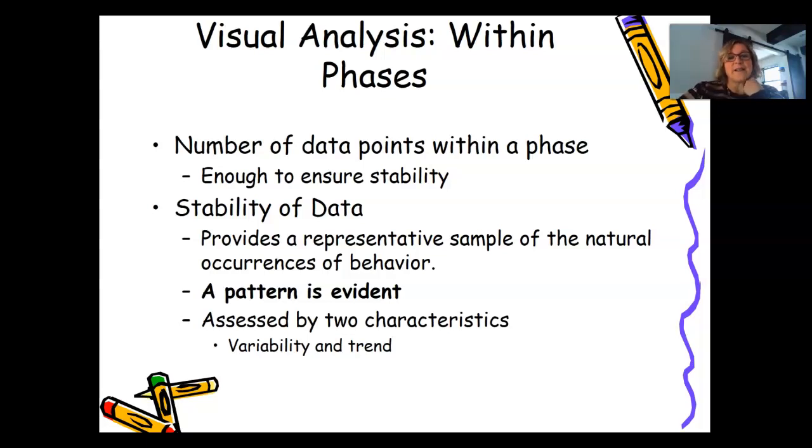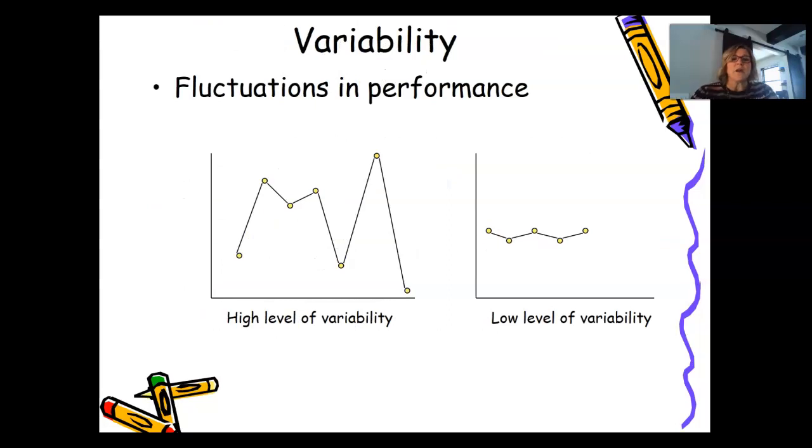When we're assessing stability in data, you look at 2 different things. You're looking at variability and you're looking at trend. So let's take a look at those. Variability refers to how much fluctuation we see in a student's performance. If we look at these 2 graphs here, let's say this is number of outbursts in a class period.